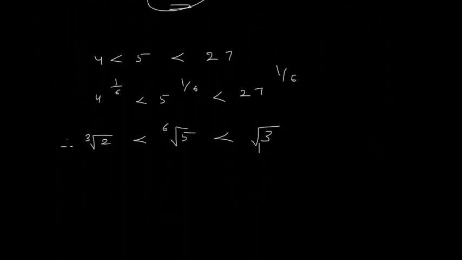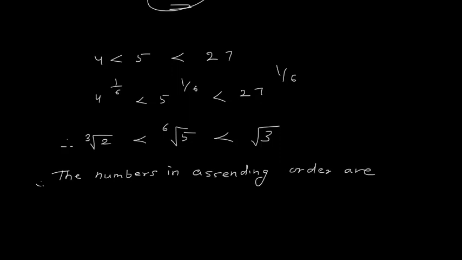Therefore the numbers in ascending order are the third root of 2, the 6th root of 5 and root 3. These are the numbers in ascending order.